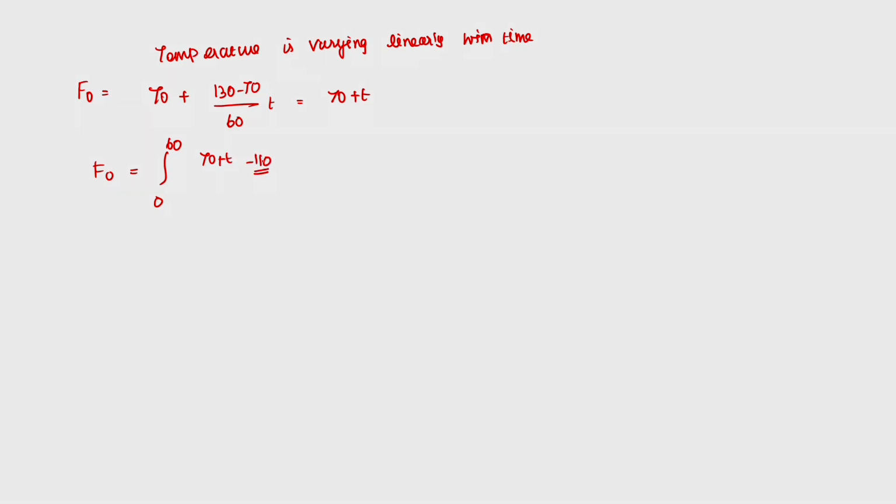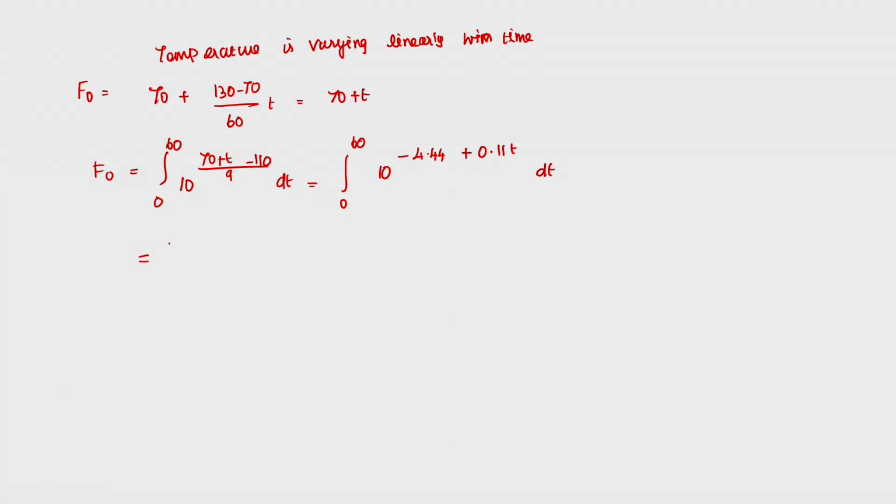Remember, the reference temperature is given as 110. This is 10 to the power of (70 plus t minus 110) divided by the Z value, which is given as 9. So, what you get is 0 to 60, 10 to the power of minus 4.44 plus 0.11 t into dt.